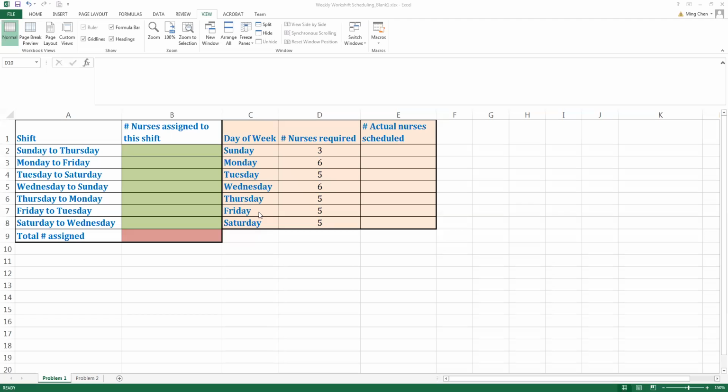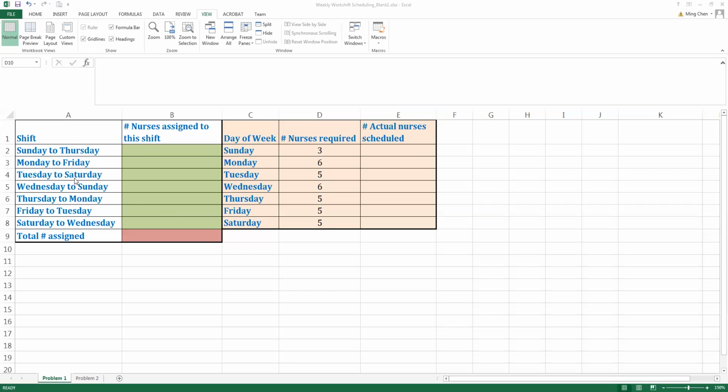This person can work from Monday to Friday, for example, 5 days a week, and then take 2 consecutive days off. So you cannot simply hire somebody to work for 1 day only. Whoever we hire has to work 5 days a week and then take 2 days off. This is a very realistic constraint and it's a common practice.